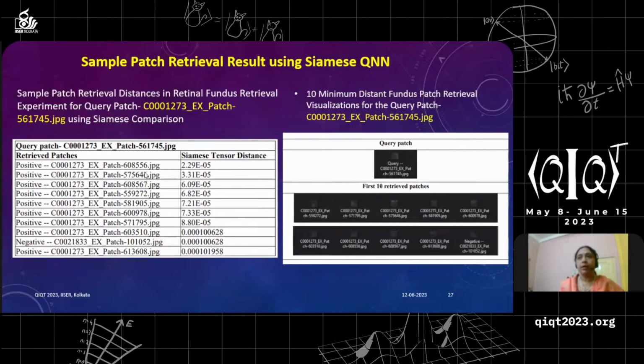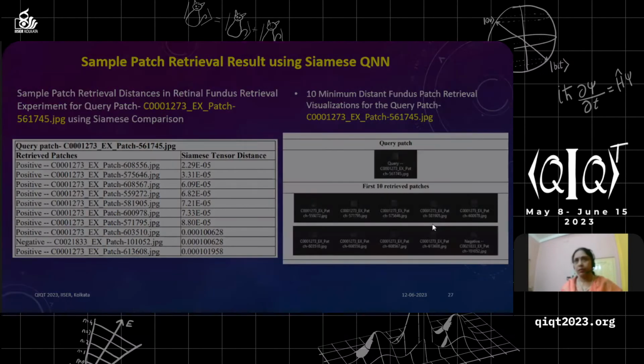So the 10 most similar image patches that are retrieved can be seen in the left hand side table, and for ease of visualization, those 10 retrieved patches are shown in the right hand side image. That is, this one is the query patch and these are the 10 similar patches retrieved.